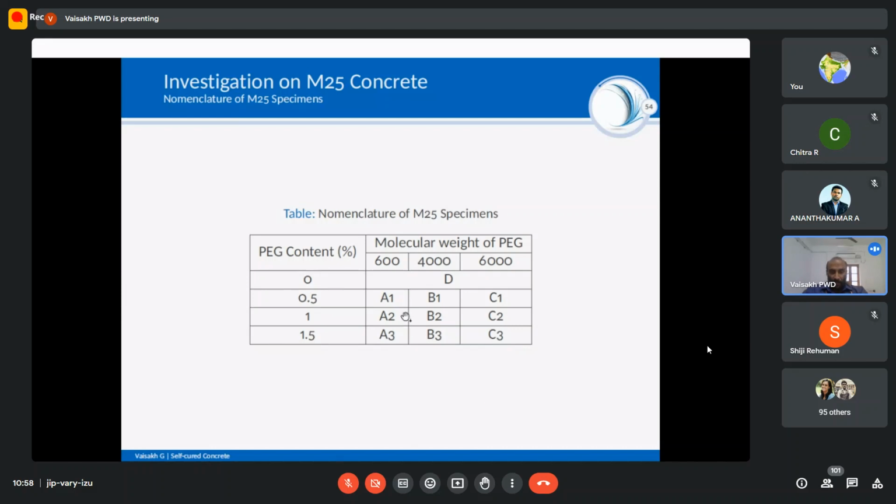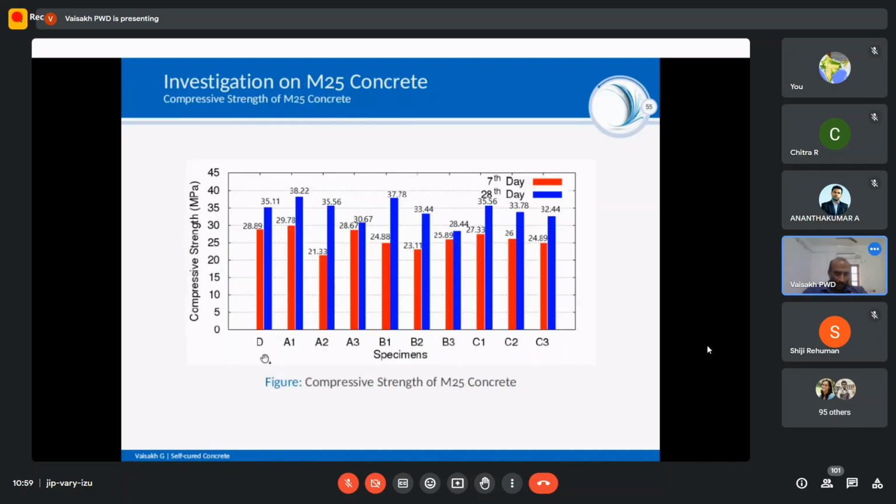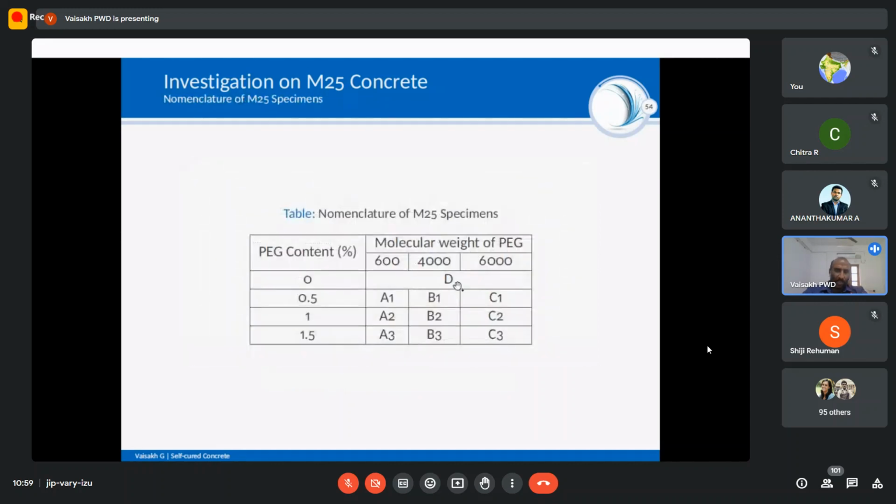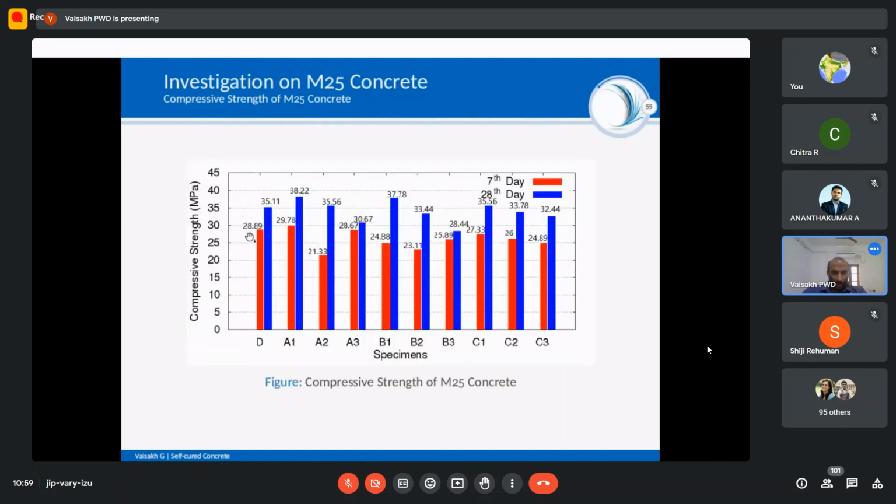Okay, so this is the nomenclature. You can see that D is 0 PEG, that means the conventionally cured specimen. So you can see that compared to D, almost all PEG cured specimens have better strength, and some of them have lower strength because the dosage is not in the proper way.